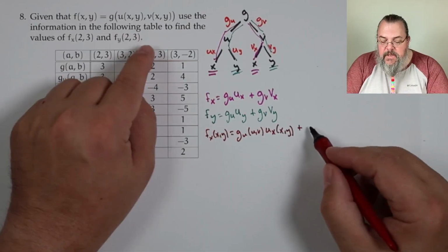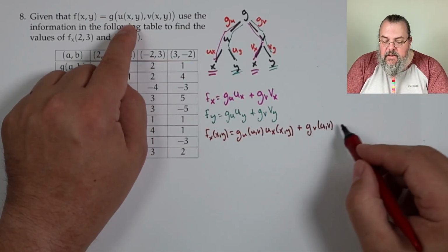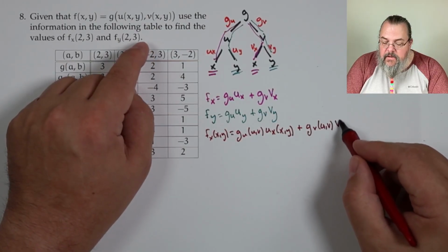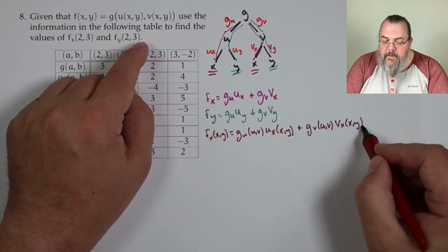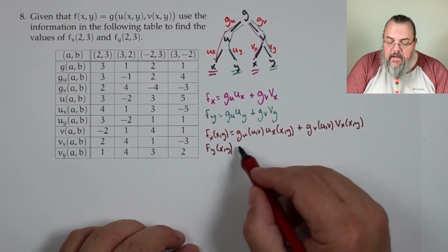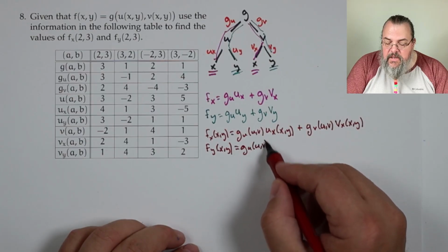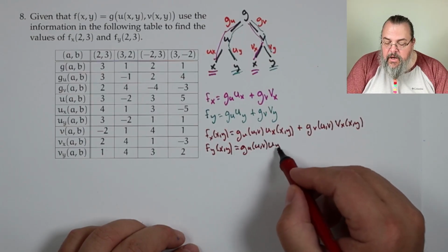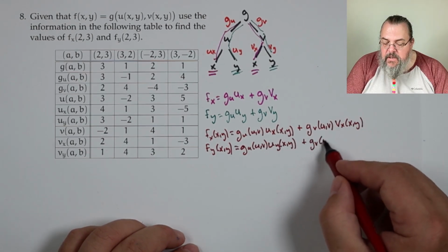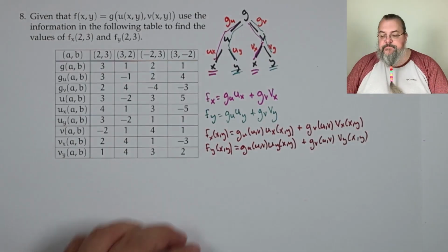And then g sub v, well, g is a function of u and v, so u, v. And then we have v sub x, x, y. And same thing for the one below. F sub y of x, y is equal to g sub u of u, v, u sub y, x, y, plus g sub v, u, v, v sub y of x, y.